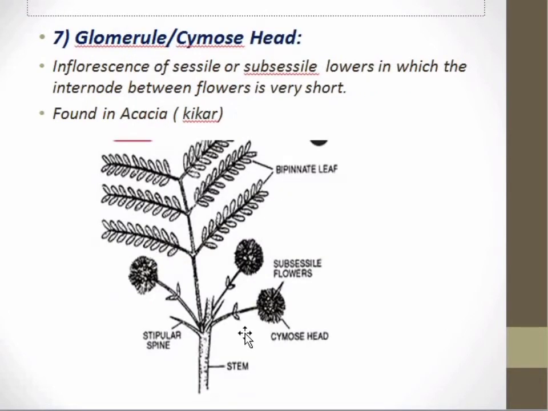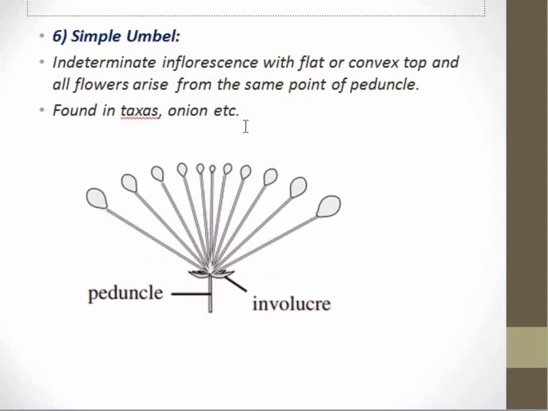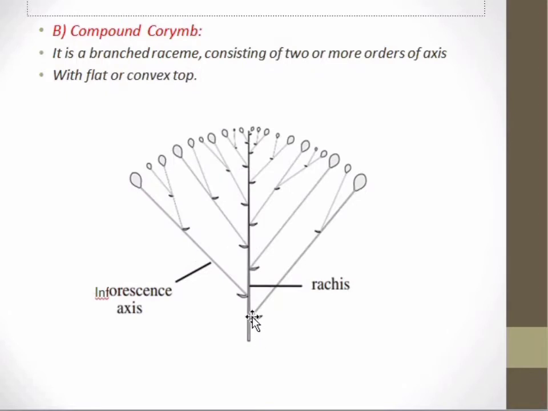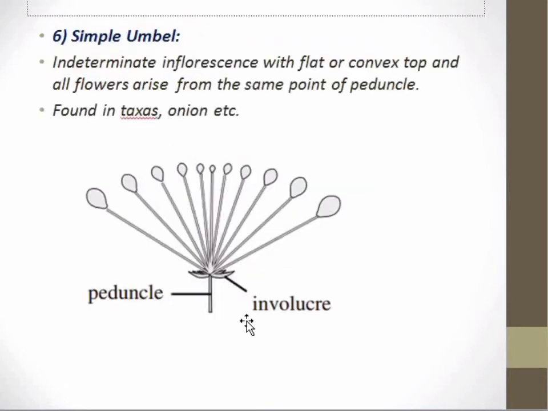Glomerule or cymose head: inflorescence of sessile or subsessile flowers in which the internode between flowers is very short. Look at this structure. This is the node from which this flower arises, and this is the node from which this flower arises. The distance between these two nodes is known as the floral internode.